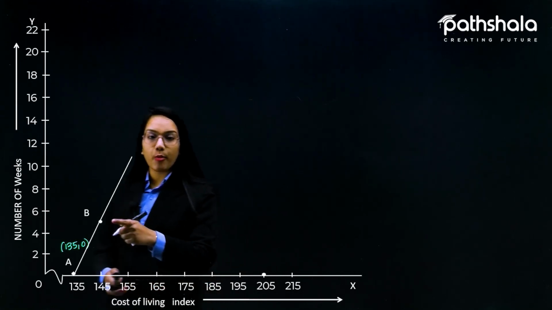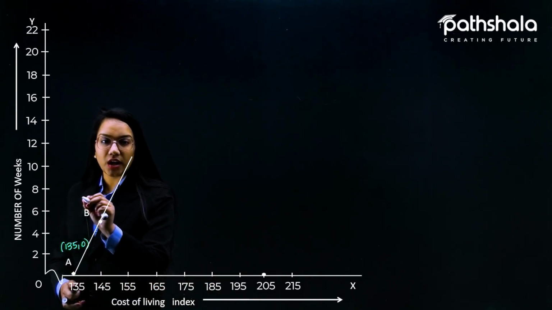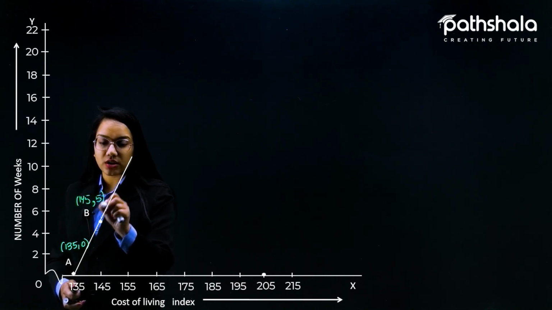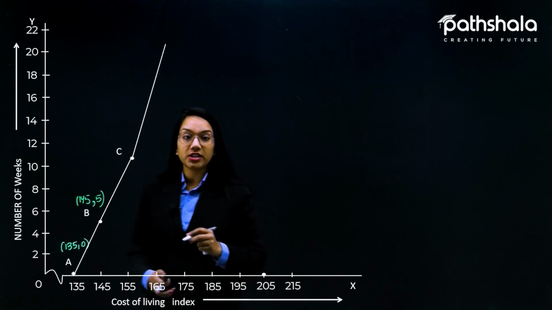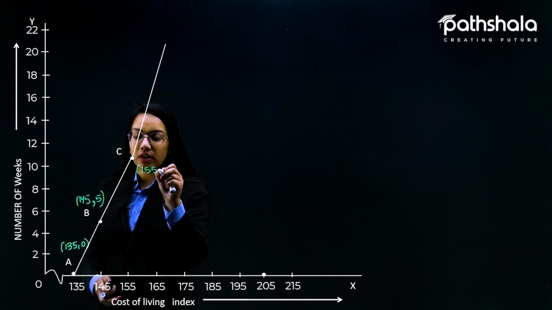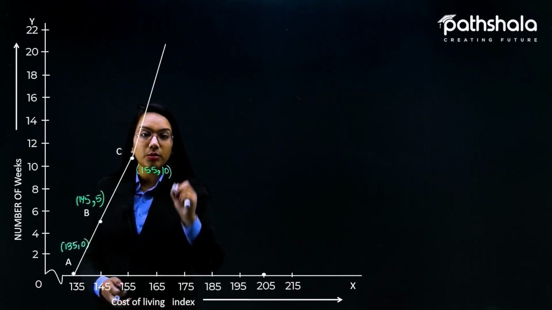And the second one is the point B, which represents the class mark 145 along with its corresponding frequency, which is 5. Now the further point is C, and C represents the coordinate 155 class mark along with its frequency as 10.